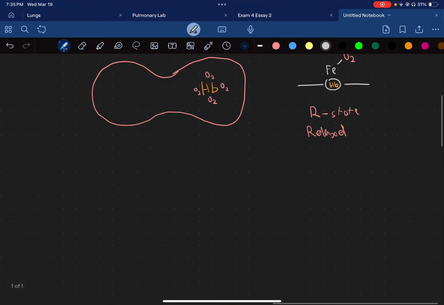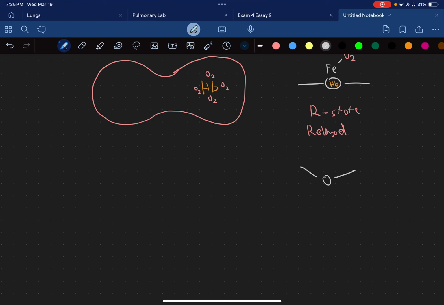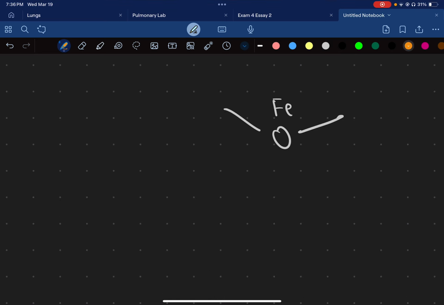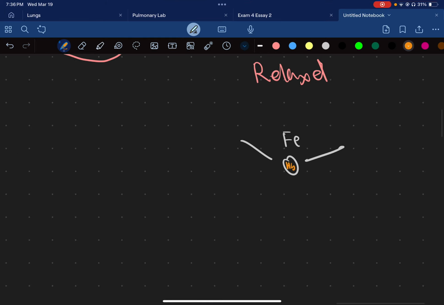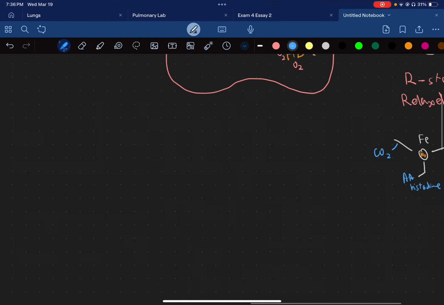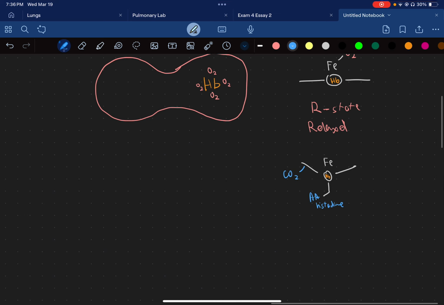The next one we have is called the T state, or the tense state. And here we have an amino acid called histidine that is pulling the iron down, and it's making it so that it's not able to bind to oxygen. Also on the side here, we can have a CO2 bound that can affect the affinity for oxygen of the hemoglobin.